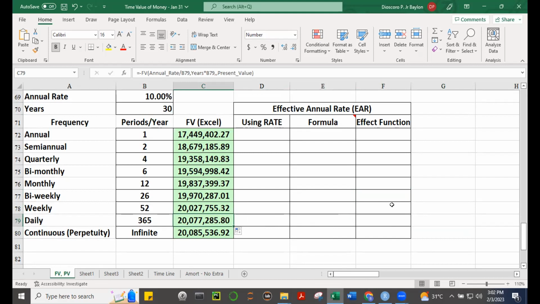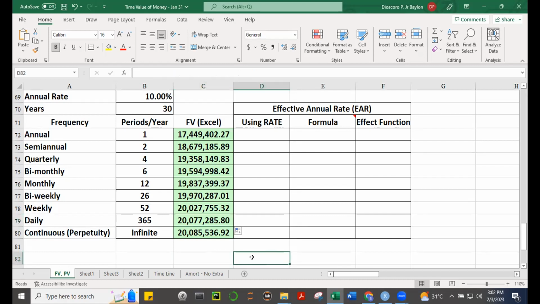But if you were the one borrowing the amount, of course you wouldn't want that because the lender will now earn interest upon interest. So it depends on what perspective or role you're playing. If you're the investor, you would want more than one compounding per year. On the other hand, if you're the borrower, you wouldn't want that because the future value of that stream of cash flows will be bigger.